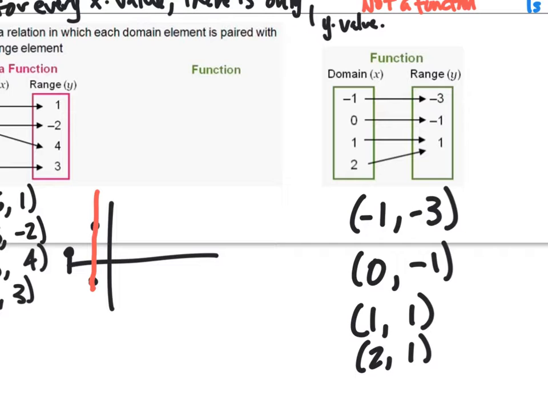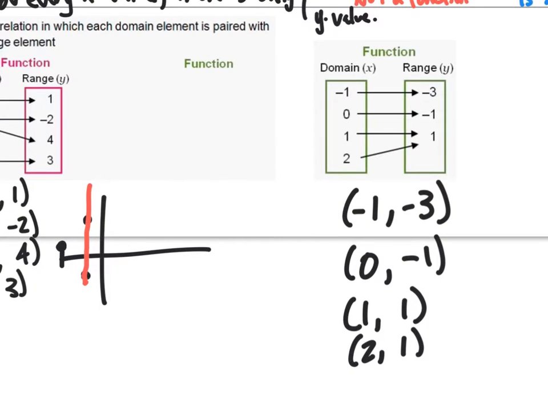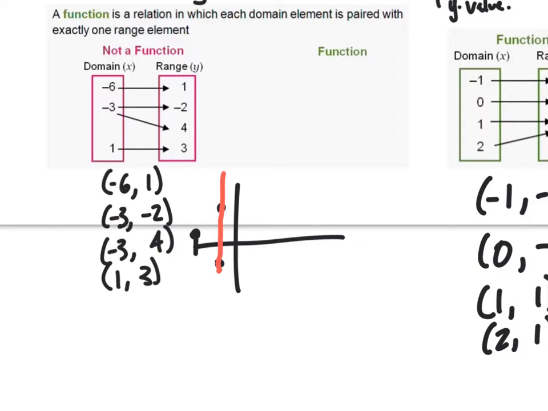So here's the thing. These are all different buttons that you're pressing, and they're all different, right? And I'm getting a unique y value. Here's the difference over here. If I hit -3, it's giving me -2.